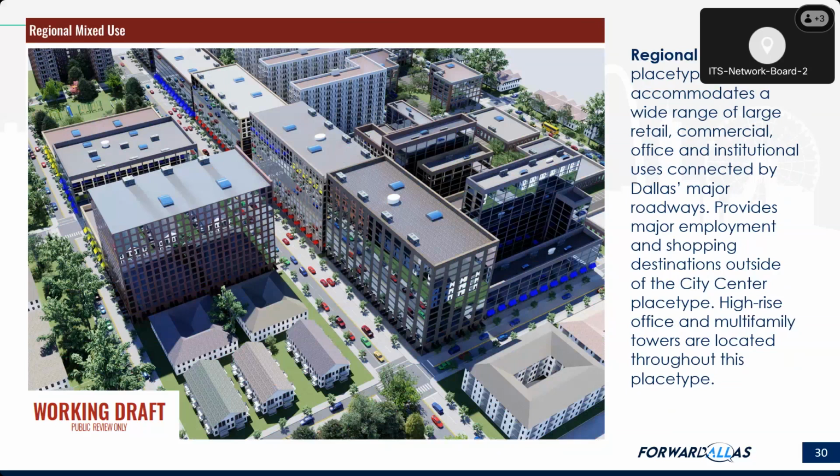This is where the towers and multifamily also exist. This is also where we see some institutional uses appear, like smaller schools or smaller colleges, for example, that embody that particular place.